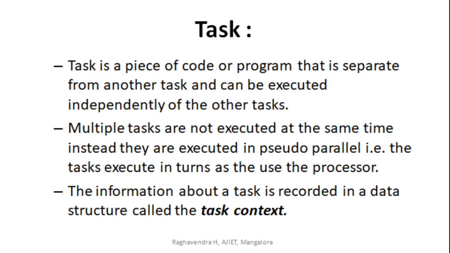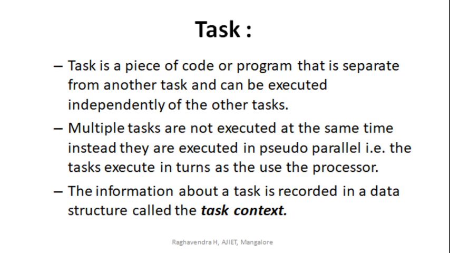An operating system decides which task to execute in case there are multiple tasks to be executed. The operating system maintains information about every task and information about the state of each task. The information about a task is recorded in a data structure called task context.